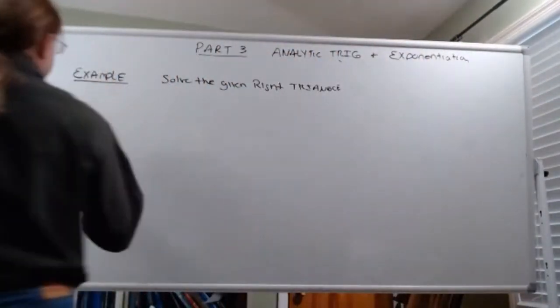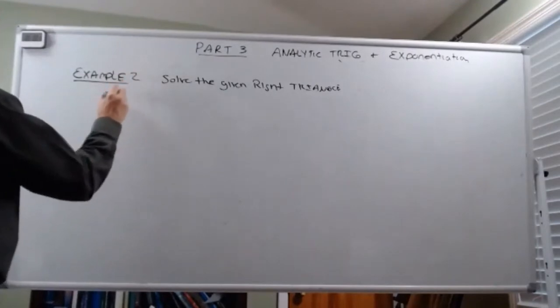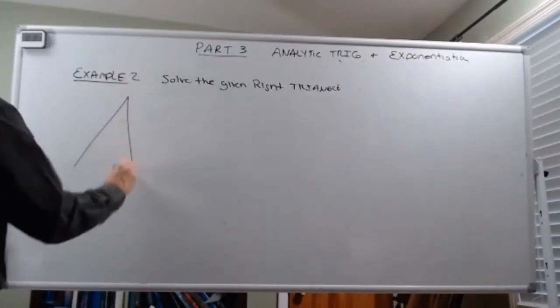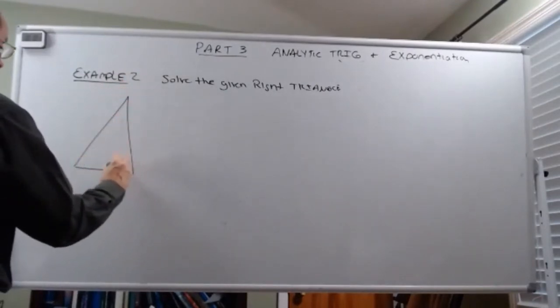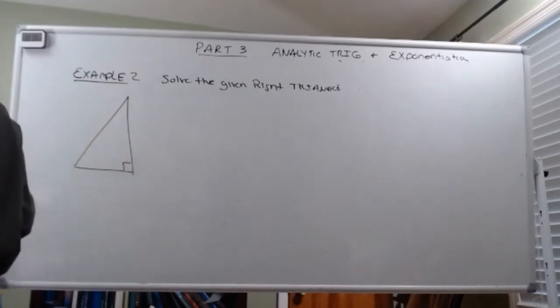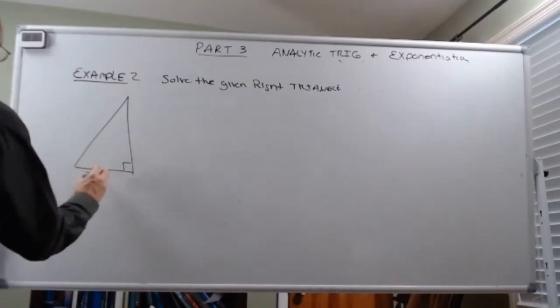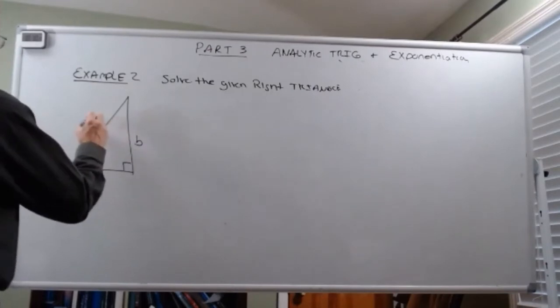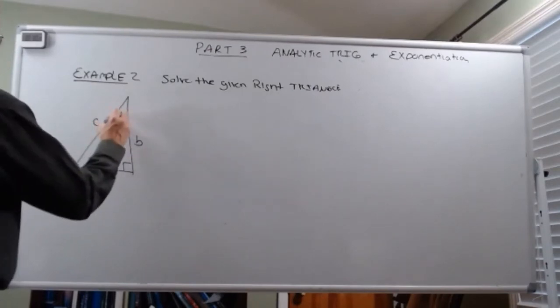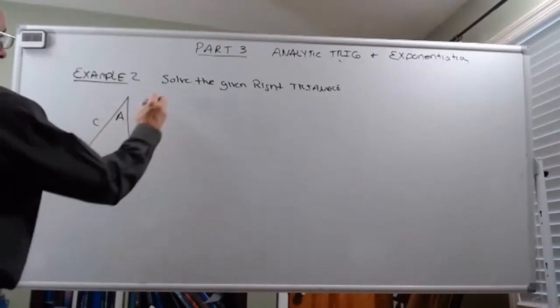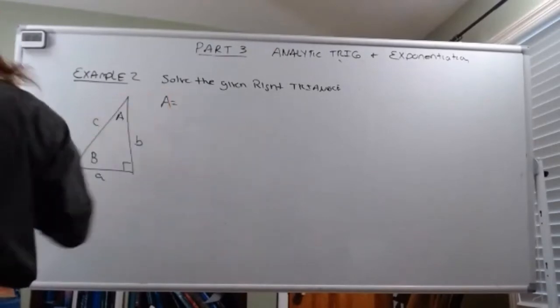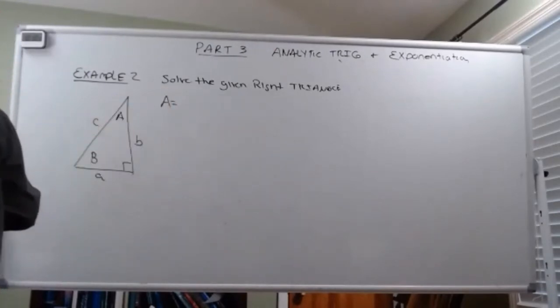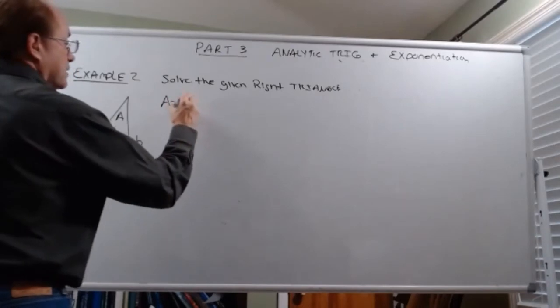So here's another example. Solve the triangle. I'm going to write it like this: A, B, C, angle A, angle B. They've given us that angle A is 27 degrees and B is equal to 9.